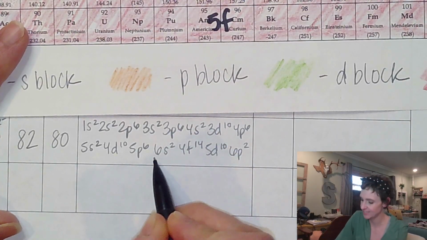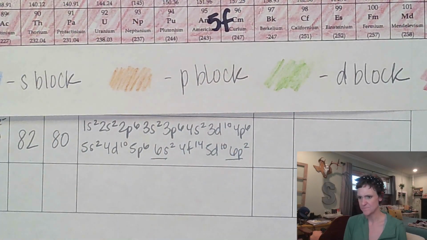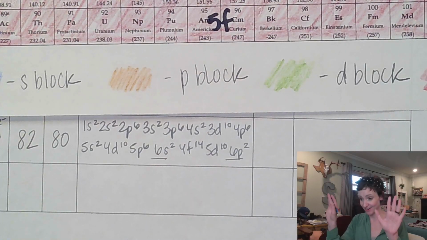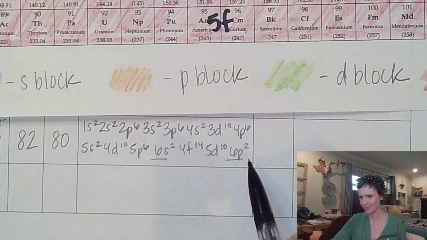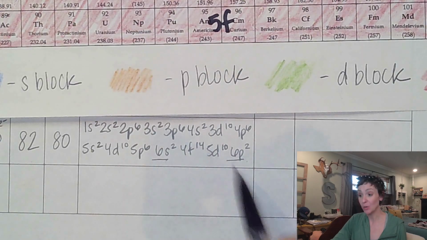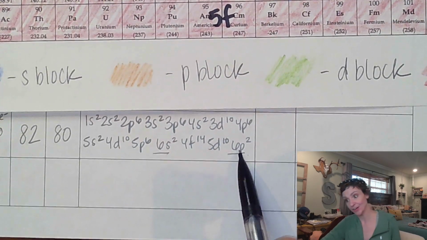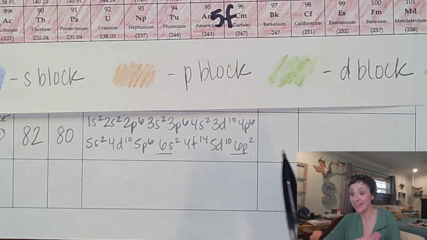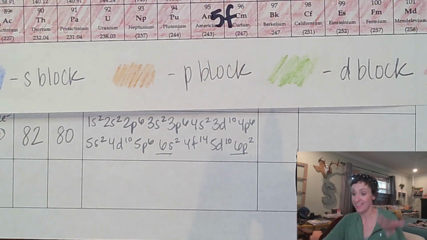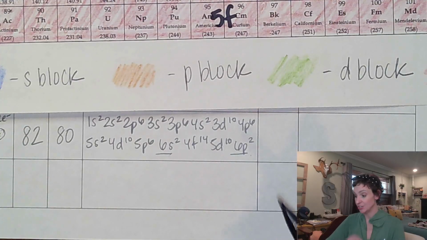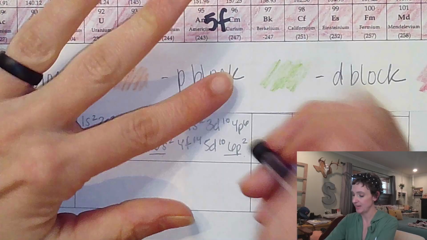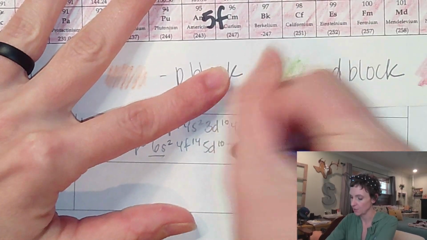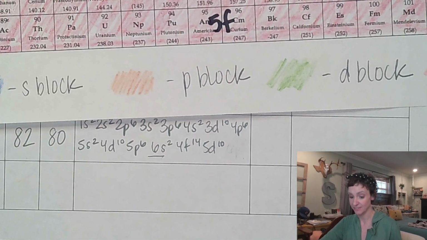I've got 2 parts of that configuration that are his highest energy level, right? So do I remove the s ones or the p ones? Well, the p ones are going to be higher energy than the s because it's further in the configuration, and p electrons are higher energy than s electrons, even if they are on the same energy level. So he's losing those 2 electrons from the 6p, and both of those 6p electrons go away, which means that's his final notation.